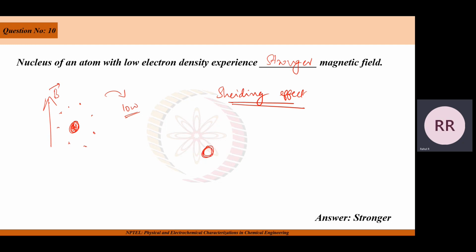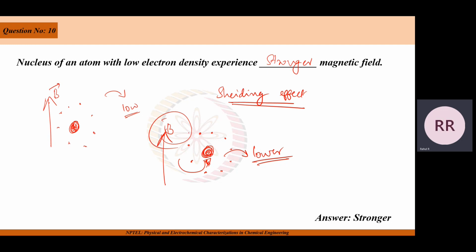Suppose we have a nucleus and the number of electrons surrounding it is very high. These revolving electrons would generate a current, which would generate a magnetic field that would then cancel out the external magnetic field, and the resultant magnetic field that this nucleus would experience will be comparatively lower than the original external magnetic field.